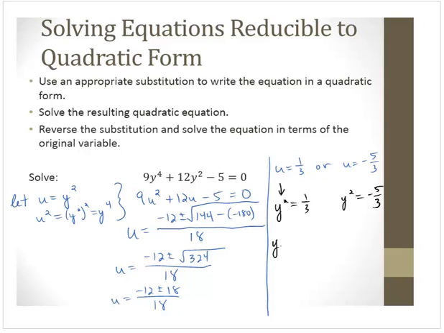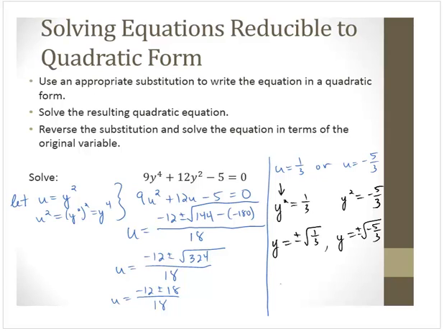So then y would equal the positive or negative square root of 1/3, or y would equal the positive or negative square root of negative 5/3. So we get two solutions here for the first statement. Y is equal to positive or negative square root of 1/3. But now, if we look at that second statement, we have a square root of a negative 5/3, and that would give us complex or imaginary solutions.